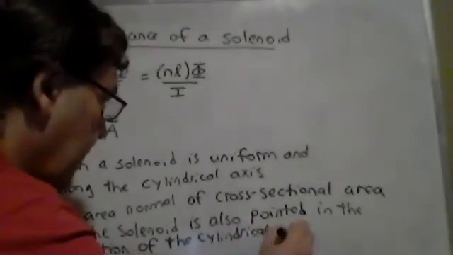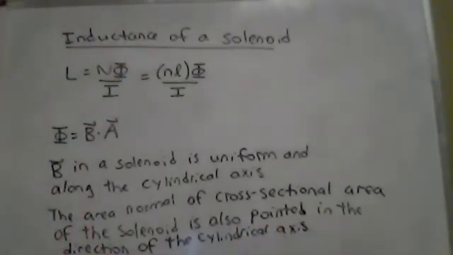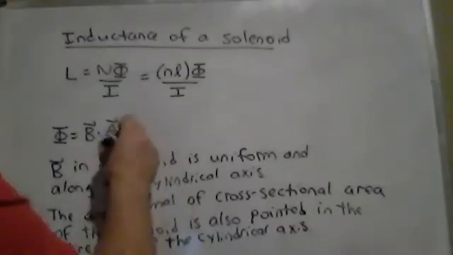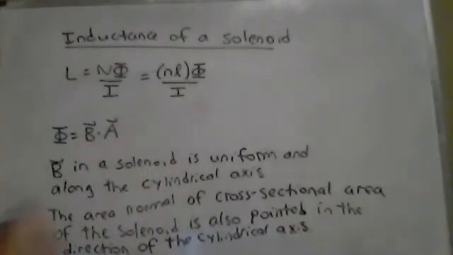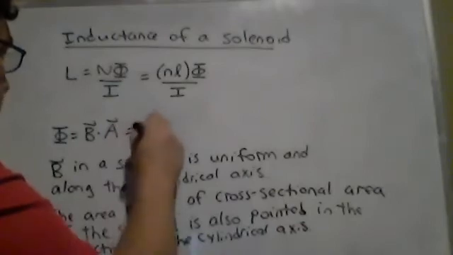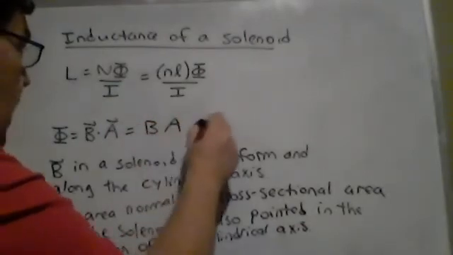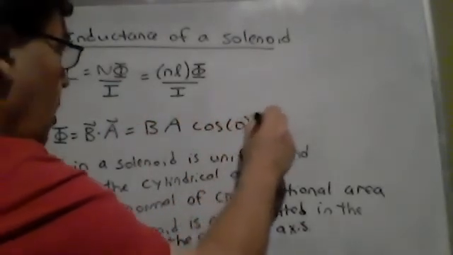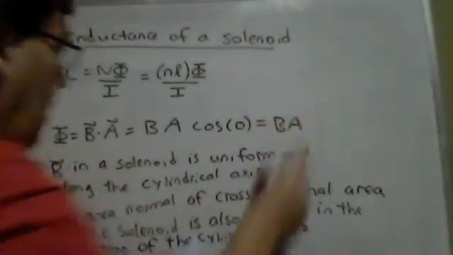All right, so that means, since they're aligned, that B dot A is really B times A times cosine of 0, or just BA.